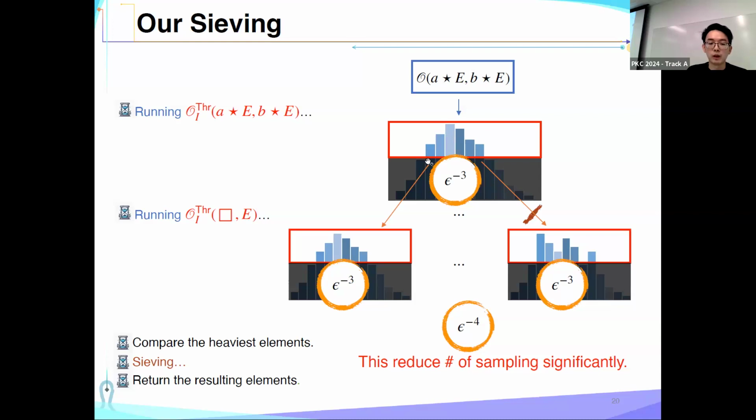For every heavy element, we run it as the input again, and we compare whether the heavy elements are the same. If they are the same, then we keep the element. If not, we just kick the element out. We can also prove that this index I is in epsilon to the -1. So the overall algorithm is now epsilon to the -4. That's how we can reduce the sampling complexity significantly.